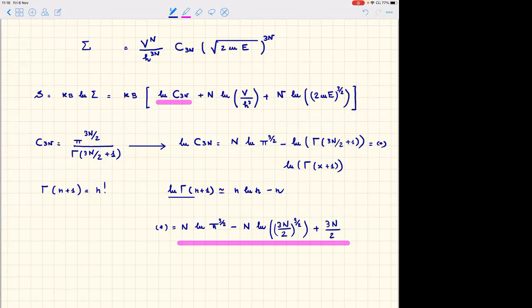Have you ever seen a gamma function? Everybody knows what a gamma function is? Yes or no? Yes. So let's do it this way. Is there someone who doesn't know what a gamma function is? Don't be shy. There is no problem. You're not supposed to know what a gamma function is.